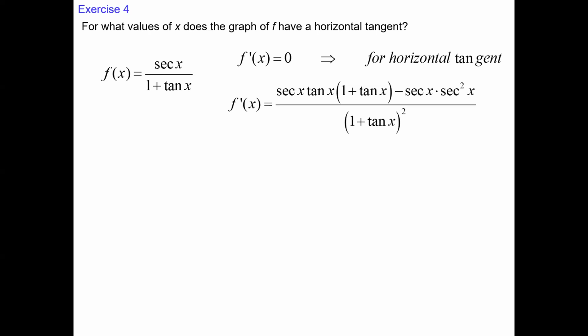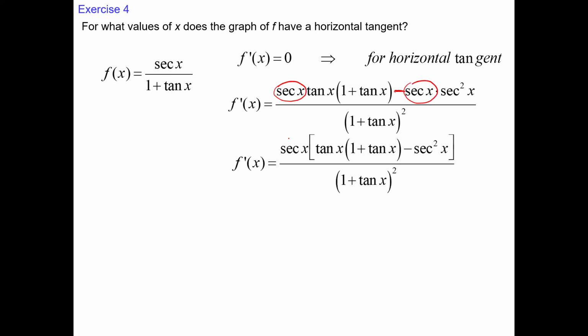Now we see this is a subtraction, and secant of x is a common factor. Let's factor it out, because we definitely need a product form, a factored form. Now we have tangent times 1 plus tangent, minus secant squared.